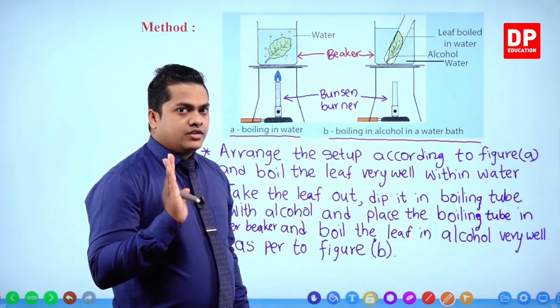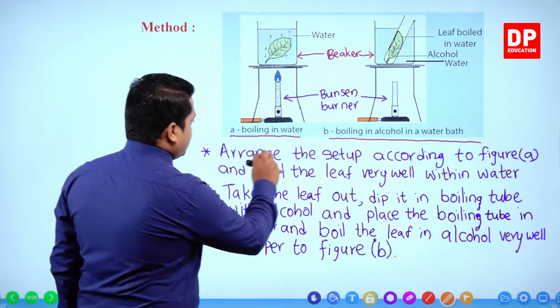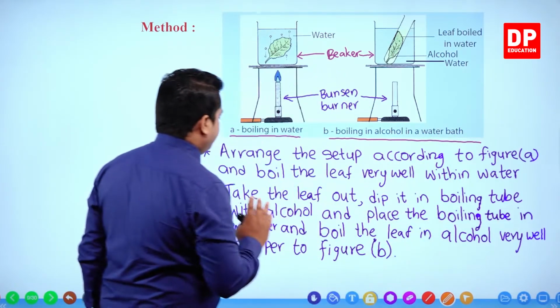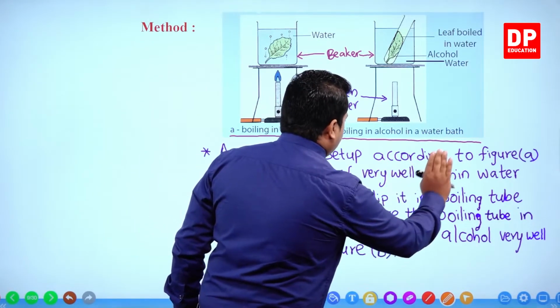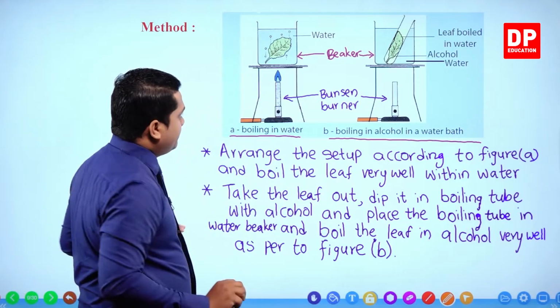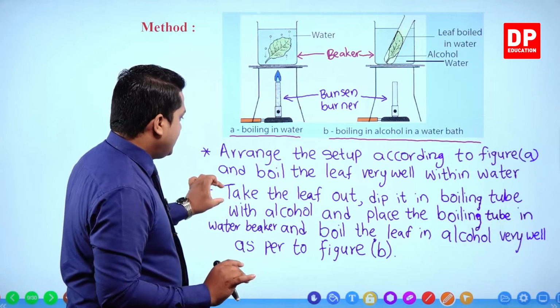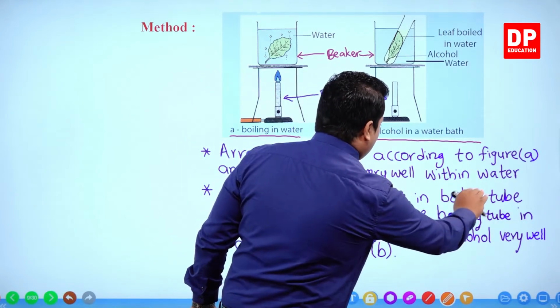I hope the two steps are very clear. Once again, let's see. Arrange the setup according to figure A and boil the leaf very well within water. Second step, take the leaf out. Dip it in boiling tube.